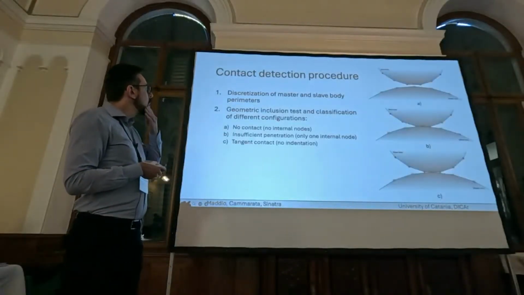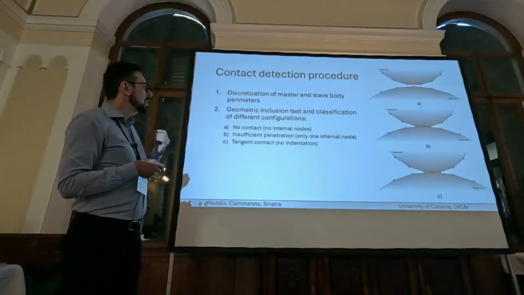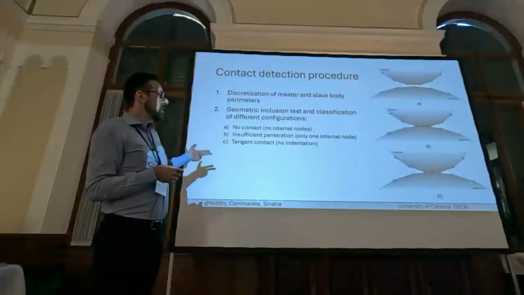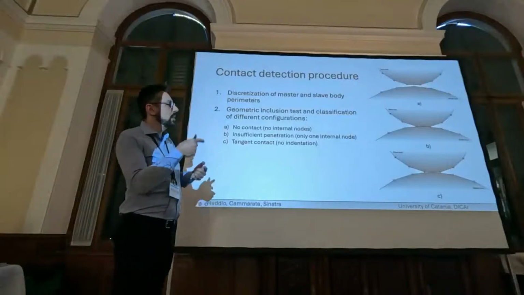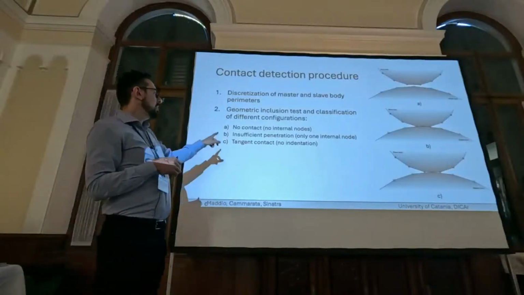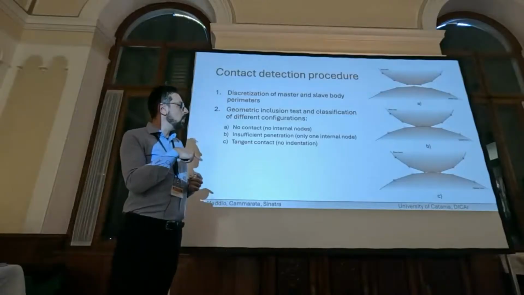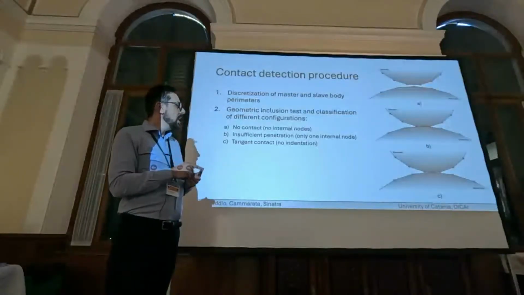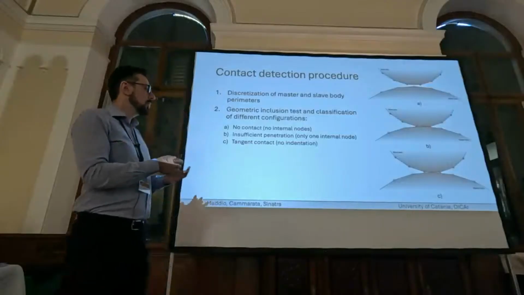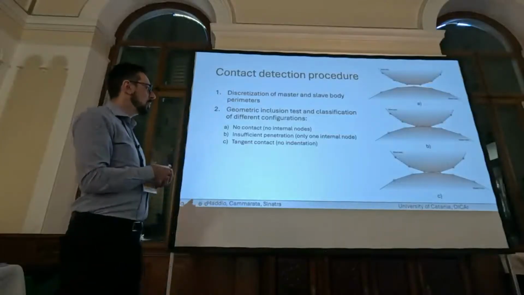Once we discretize the perimeters of the two bodies, we can identify three different conditions. First, no contact: the two bodies are not in contact, and we have no internal nodes. Second, insufficient penetration: if only one node is inside the other body, we cannot proceed with our method.